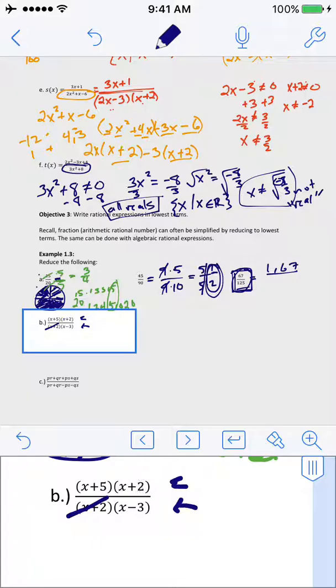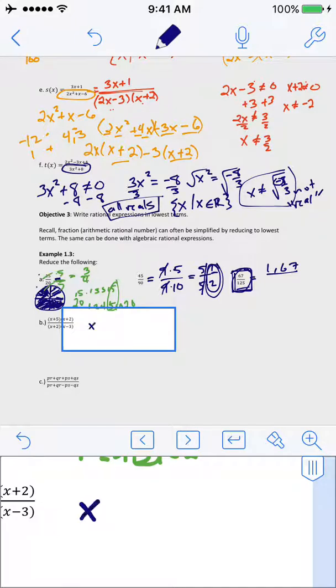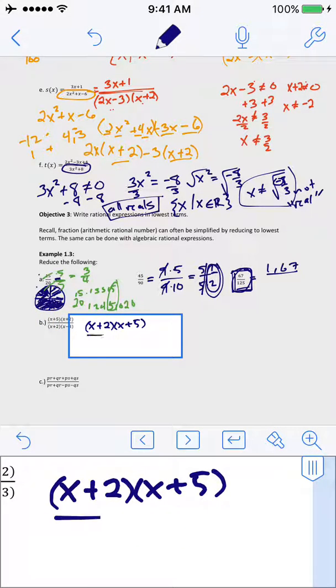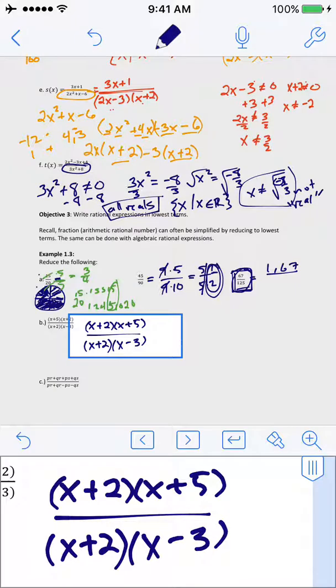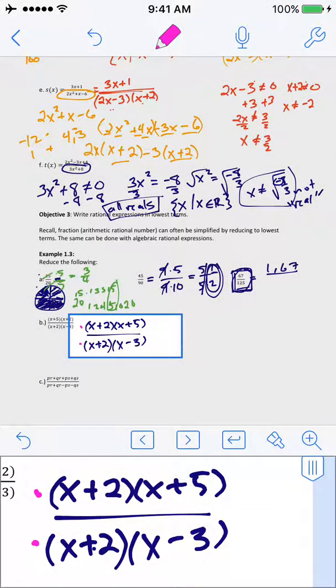If I have an x plus 2 on the bottom and an x plus 2 on the top, then I can cancel them. In other words, what I have is x plus 2 times x plus 5. I just switched the order in the numerator. I'm going to keep the denominator exactly the same because then I notice these two are exactly the same, the top and the bottom, right?